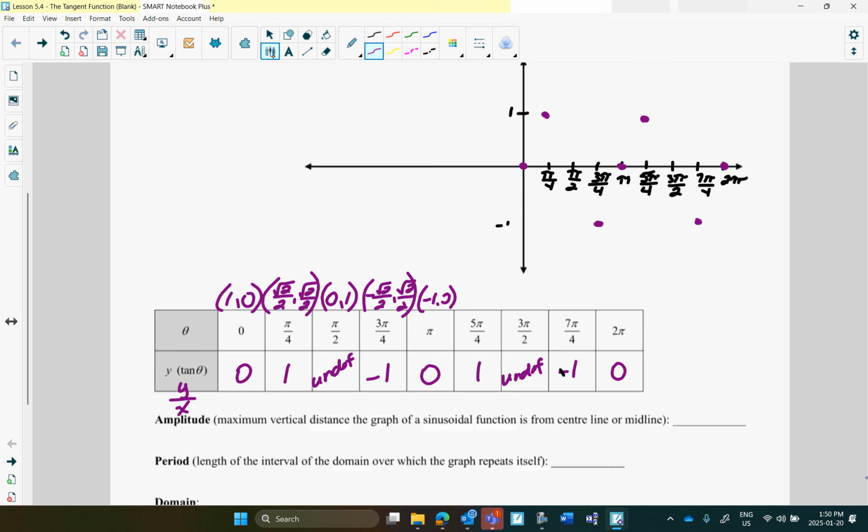That means the graph doesn't go there. It can't cross there. It's like a barrier here, and it's like a barrier here. We can go close to that. We just can't cross it because they're undefined. Do you remember what those are called?